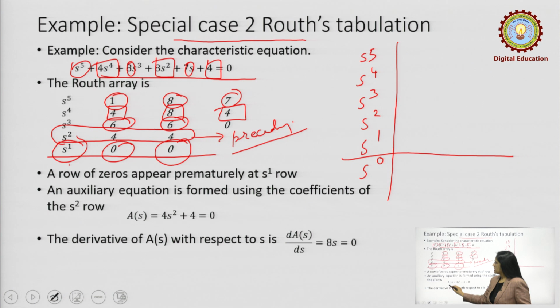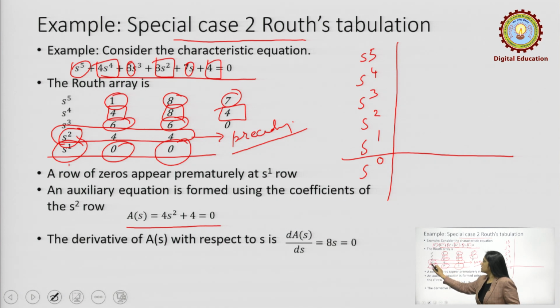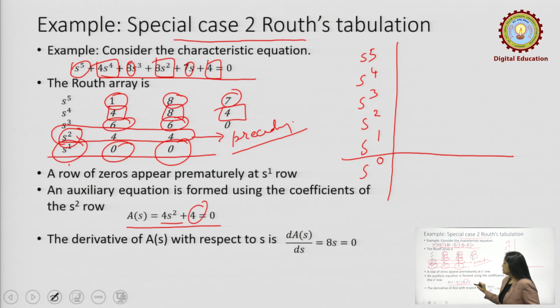This is the auxiliary equation A(s). It is formed by the term s square, so we write 4s square plus 4 equal to 0. As we had arranged with alternate coefficients, the first one is for s square, that is 4s square, plus 4 equal to 0.